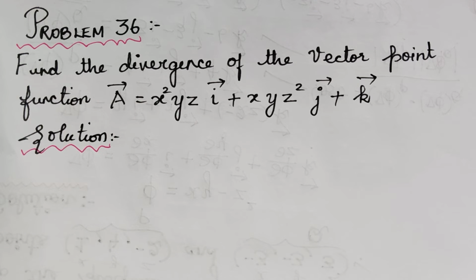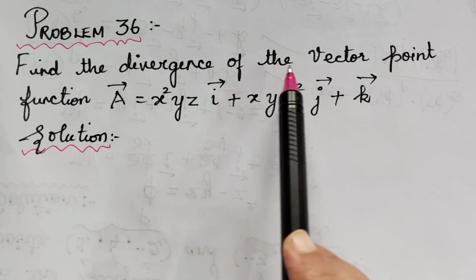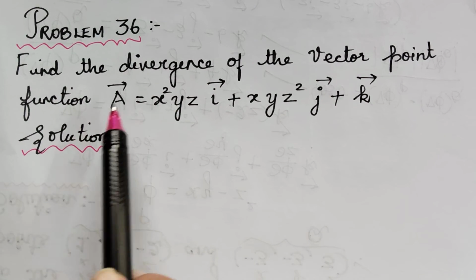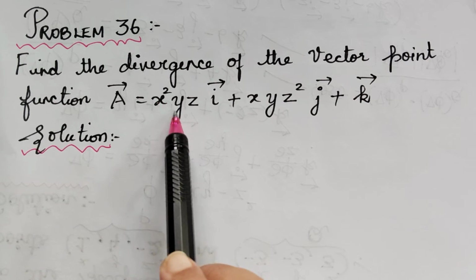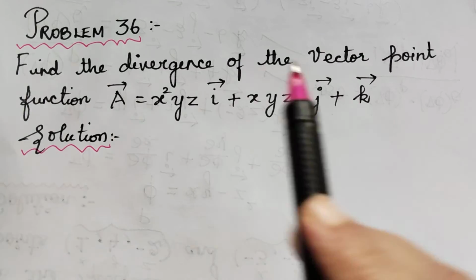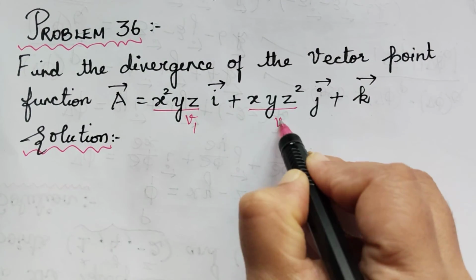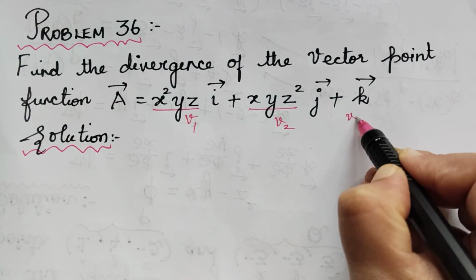Here we have the next problem, problem 36. Find the divergence of the vector point function a vector equal to x square yz i vector plus xyz square j vector plus k vector. This is v1, this is v2 and v3 is 1.